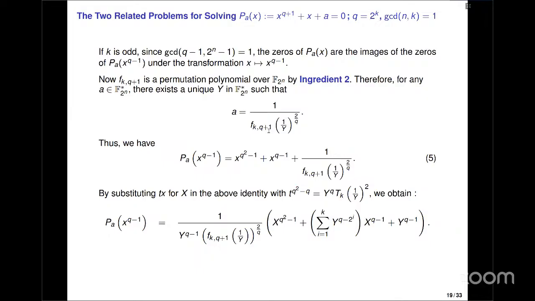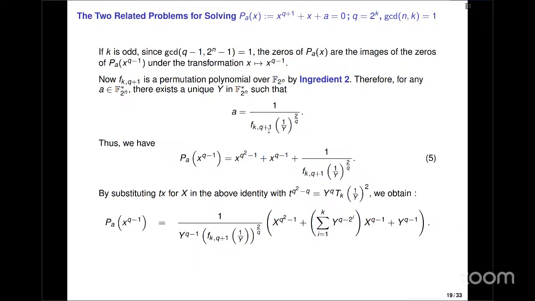We start with this. First, when K is odd, 2K minus 1 is odd. A simple case, and since 2 to the K minus 1 is odd, x to the 2^K minus 1 is a permutation, of course.